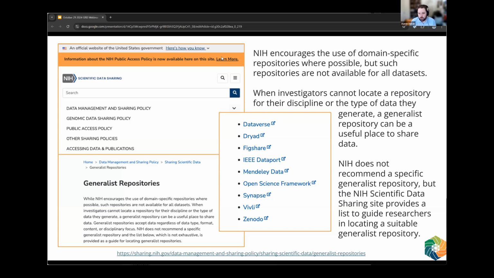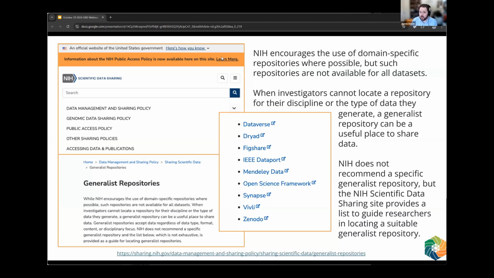But if you cannot locate a repository for your discipline, or you're working with a type of data that isn't correct for that domain specific repository, that's where we come in as a generalist repository.